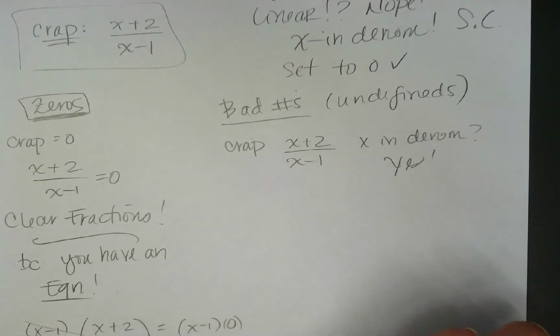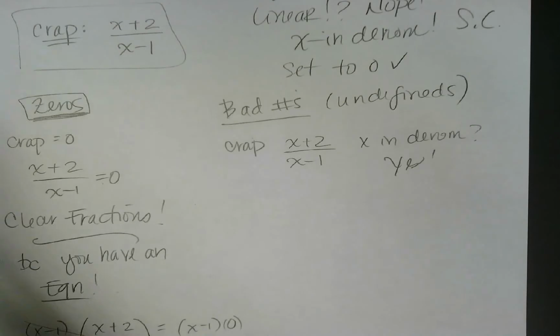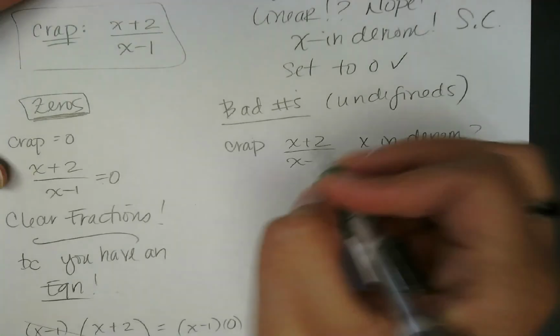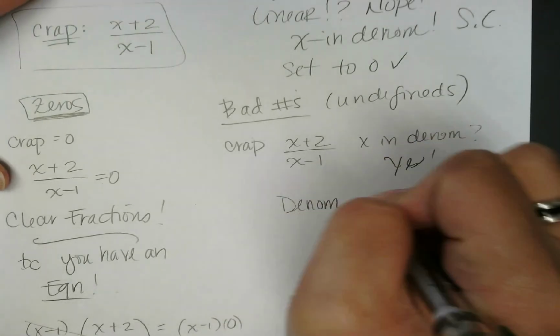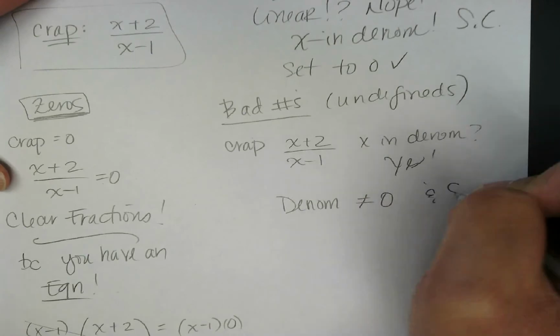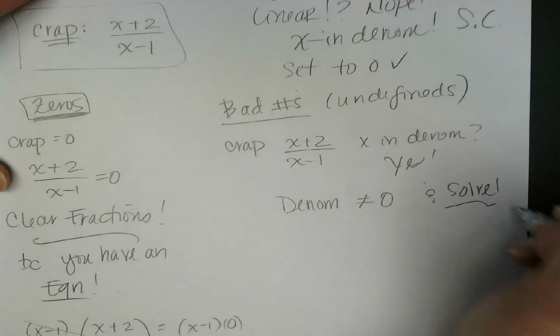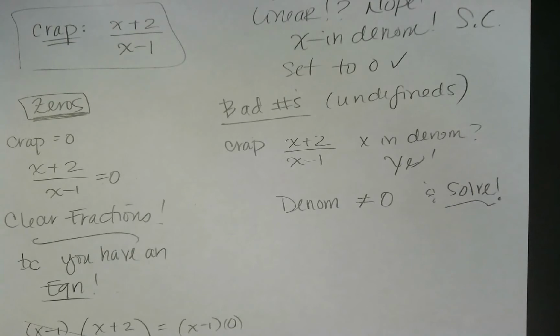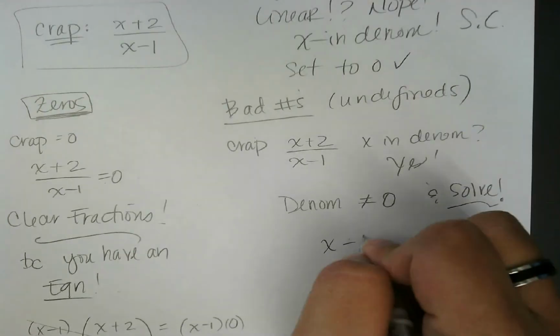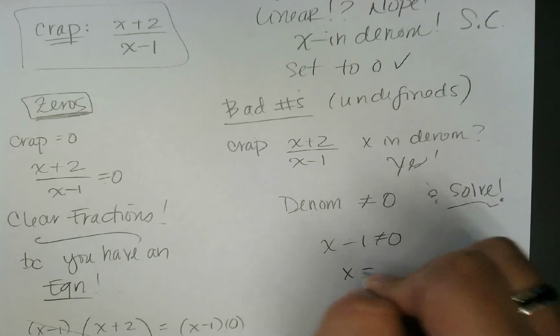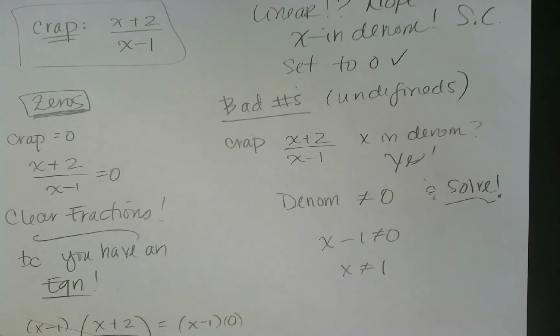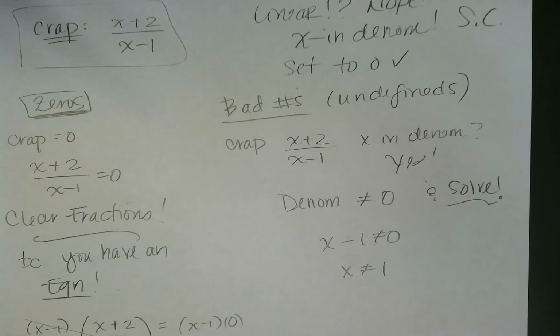So your domain restrictions are, when there's an x in the denominator, it cannot equal 0, okay? So you set your denominator not equal to 0 and solve. So by definition, your bads or your undefined is just the denominator. Okay? x minus 1 cannot equal 0. So x cannot equal the number 1. When you plug in the number 1 into the entire expression, it makes the bottom 0.